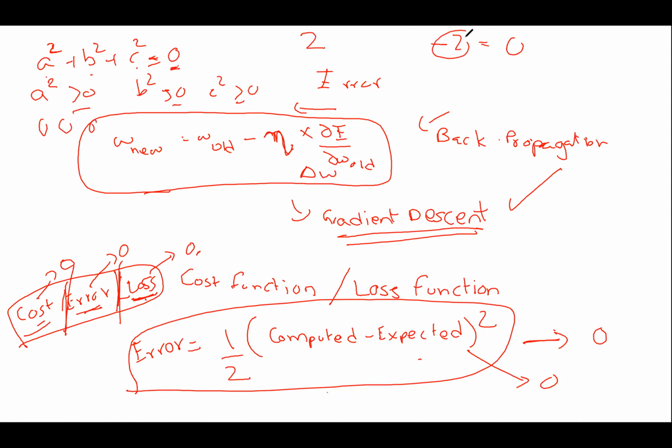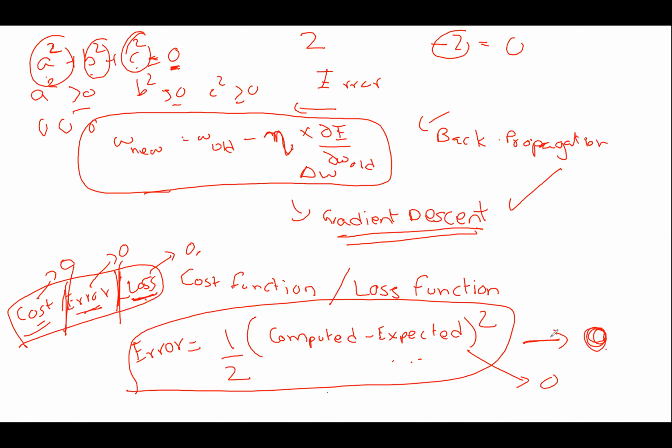But if you're only adding positive numbers, it's always going to be positive. So positive plus positive plus positive equal to 0 means all 3 have to be equal to 0. So in this case, these loss functions, if they are to get a minimum value, that is equal to 0.